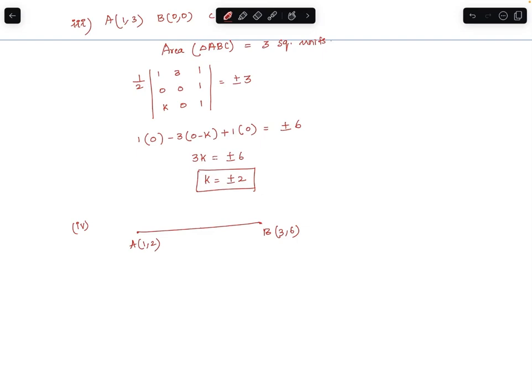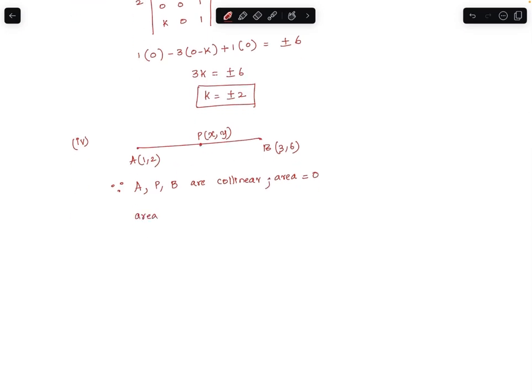So let's take a point P on this line with coordinates (x, y). Now since the points A, P, B are collinear, the area formed is equal to 0.